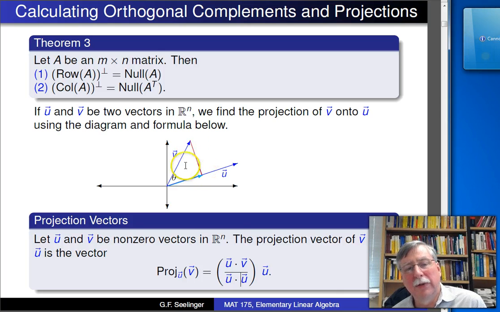And so what we're really doing is projecting v onto this red line here. There's a way to do that: if I look at the projection of v onto u, then if I take this vector and add that vector to it, I get v. By the same token, if I took v and subtracted off this vector, I get something in the orthogonal complement. I get this red line. And so that's the calculation strategy we're going to be using here.